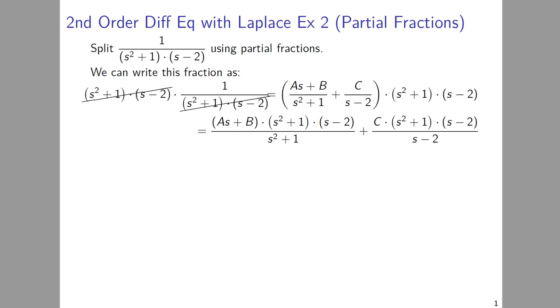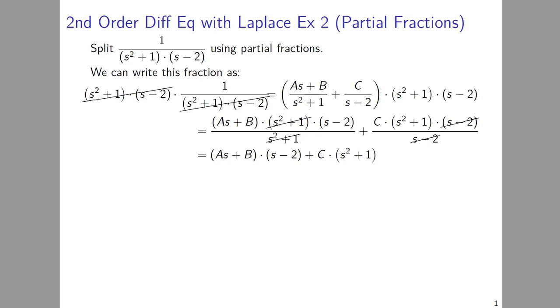And like before, we're going to get some cancellations. In the first term, s squared plus 1 divided by s squared plus 1 is just 1. And in the second term, s minus 2 divided by s minus 2 is also just 1. So this leaves us with (as plus b) times (s minus 2) in our first term, plus c times (s squared plus 1) in the second term.